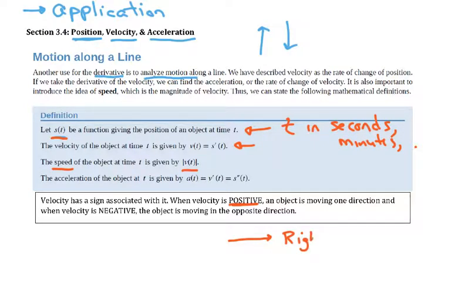And then when it's negative, it would be moving to the left. Depends on the setup of the problem, but it's opposite directions, negative and positive. And acceleration, in turn, is the derivative of the velocity and the second derivative of the position function.